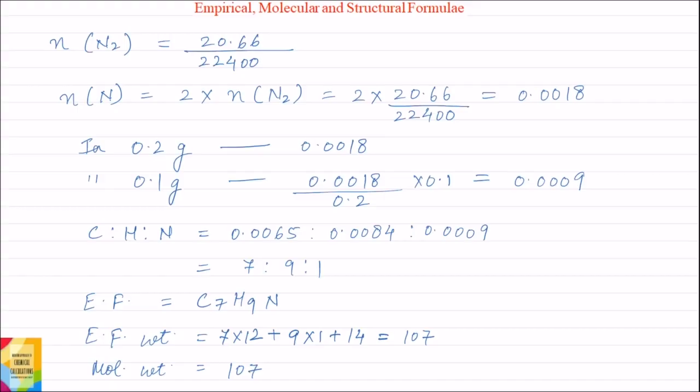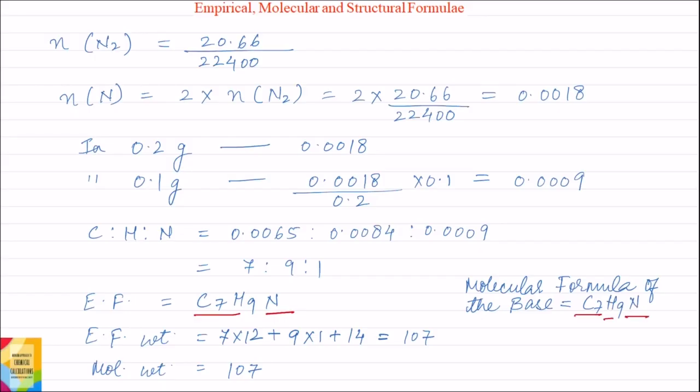Now because empirical formula weight and molecular formula weight are both the same, the empirical formula and molecular formula will also be the same. So the molecular formula of the base will be equal to C7H9N. Both empirical formula and molecular formula will be same.